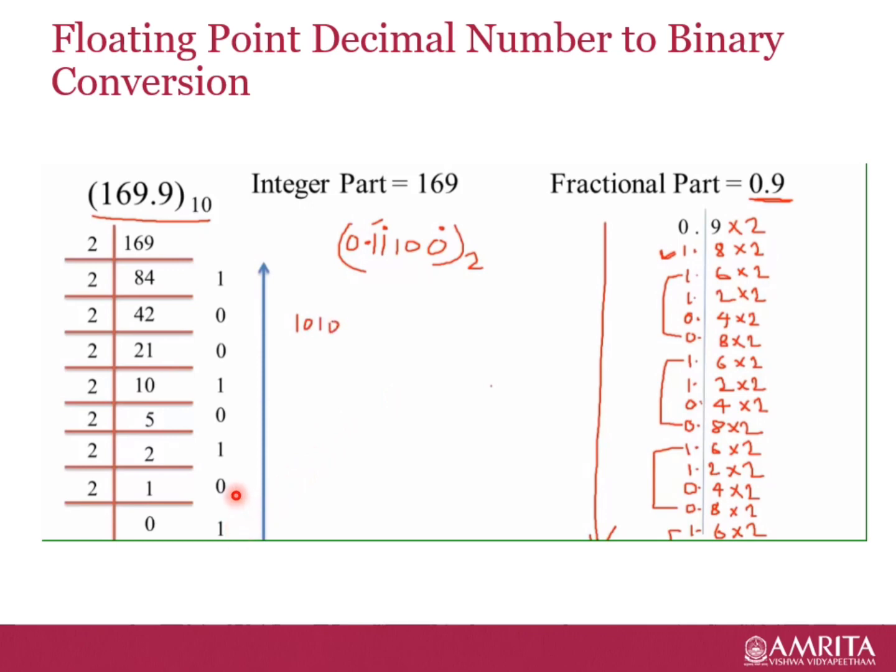That is 1 0 1 0 1 0 0 1 point 1 1 1 0 0 to the base 2 is the binary equivalent of the floating point number 169.9.